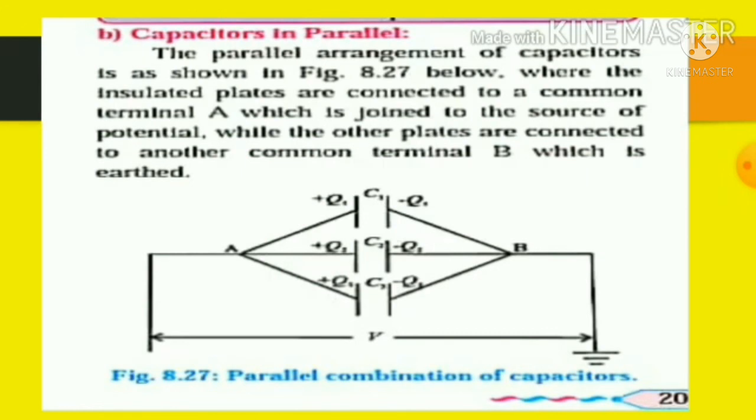Then the total potential across the parallel combination is capital V. This is the total potential of the parallel combination of three capacitors.